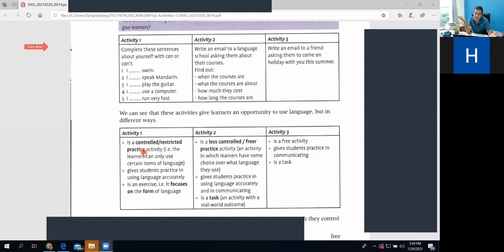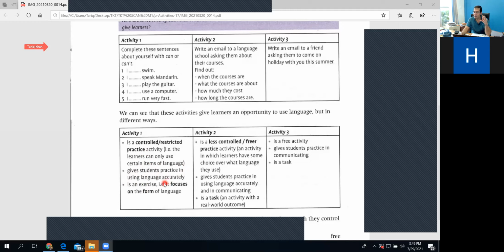That's why we call it a controlled or restricted practice activity. For example, learners can only use certain items of language. So what's the benefit of this kind of activity? It gives students practice in using language accurately.